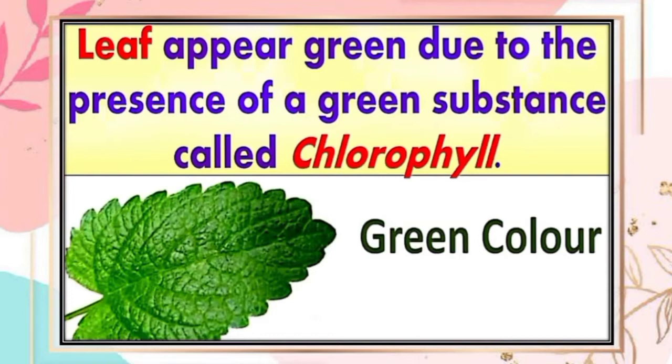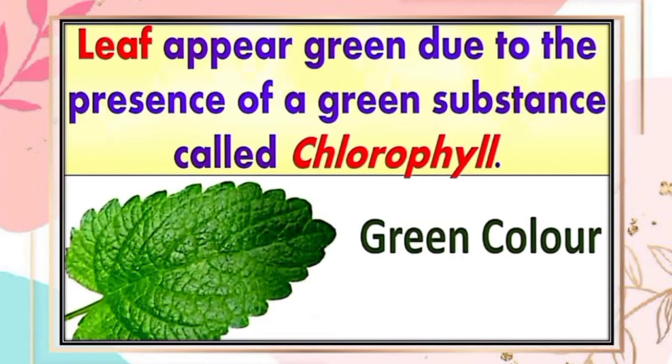So you can see in this picture, chlorophyll is a very small substance present in these leaves, and that is why most plants on the earth are green in color.